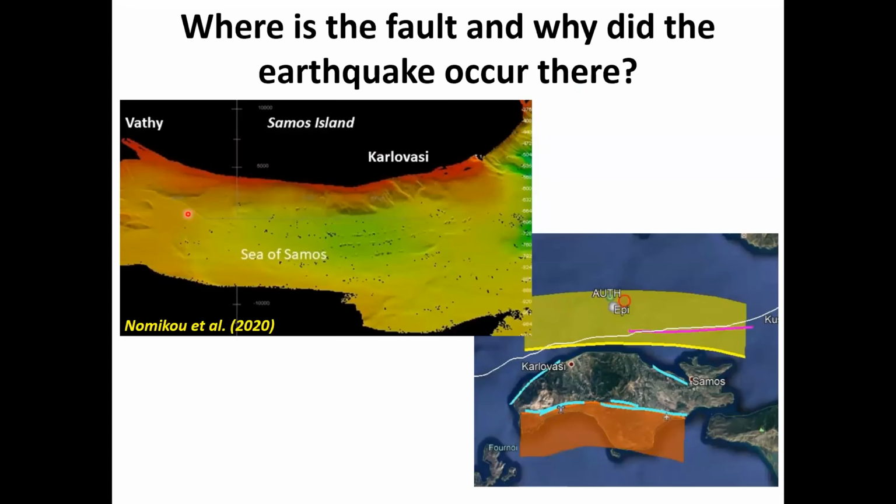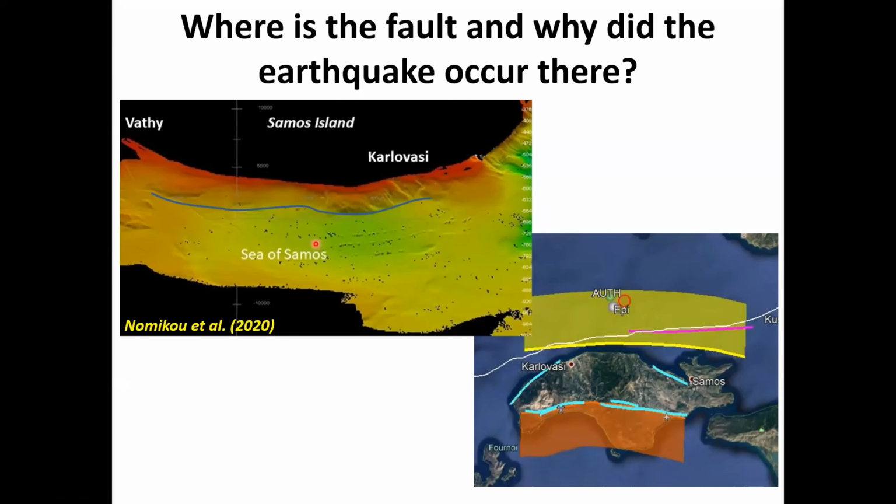This is results from raw data from swath bathymetry collected after the earthquake by Nomikou and colleagues, and you can more or less see this very steep slope on the northern side of Samos. This is looking from north to south, so looking towards the northern coast of Samos Island. You can see a big landslide over here, and you can more or less see the geomorphological evidence for the presence of the fault in the northern coast of Samos.